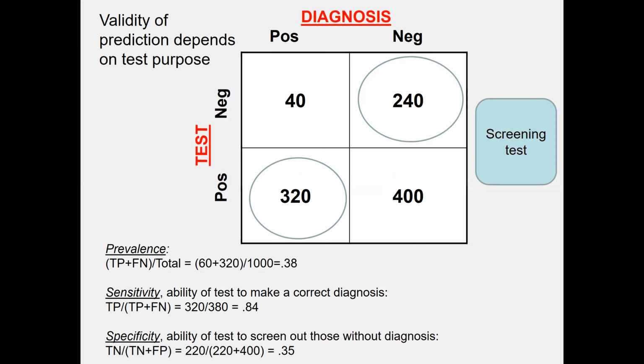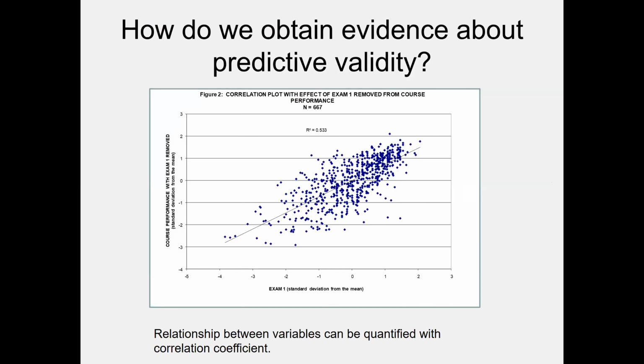So what you're looking for in terms of the outcomes of a predictive test depends on your purpose. Going back to the previous example, we were not particularly interested in all those people who performed well on exam 1.